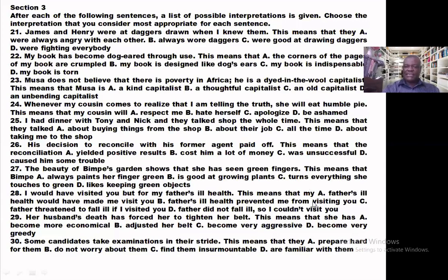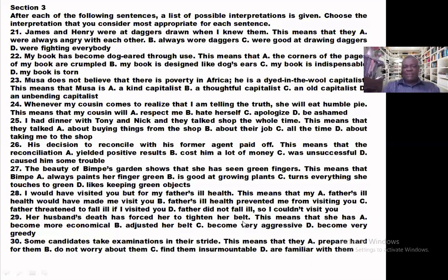A, my father's ill health would have made me visit you, no. B, father's ill health prevented me from visiting you. Certainly that is correct.